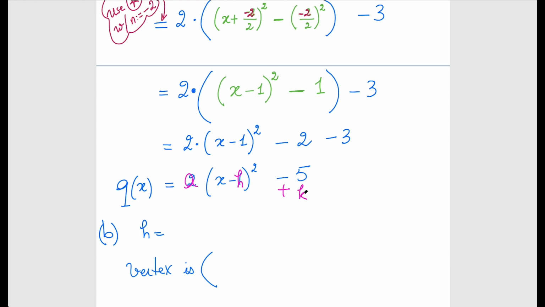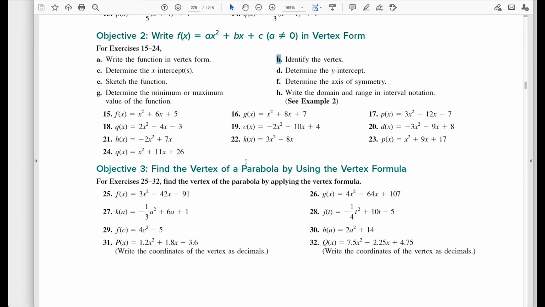So h should be 1 and k should be negative 5, correct? So h is 1 and k is equal to negative 5. So who's the vertex then? It's 1 comma negative 5. Agree with this?